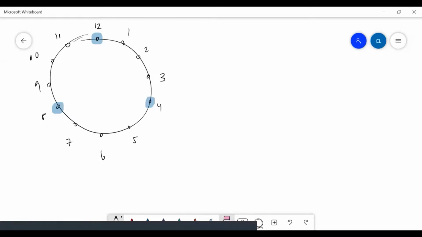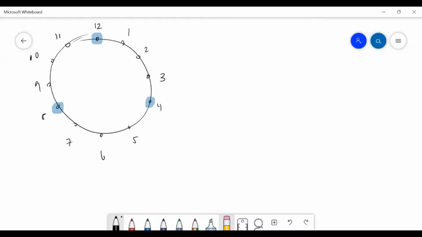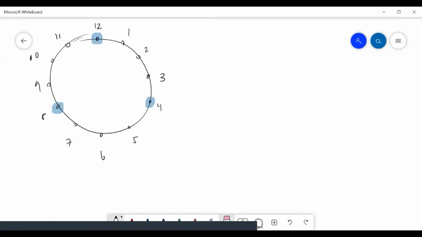No. Okay. So we can describe the states with the number of gaps between the different frogs. So that means between 12 and 4 there's 3 points, and between 4 and 8 there's 3 points, and between 8 and 12 there's 3 points.